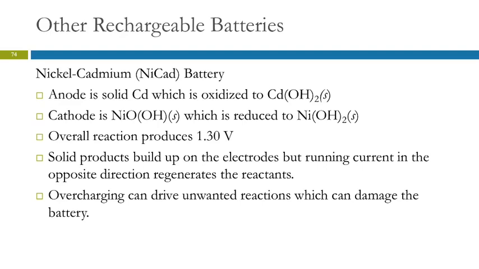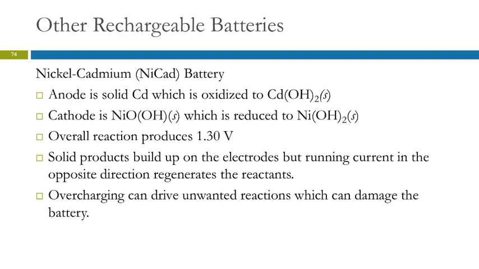There are other sorts of rechargeable batteries, nickel cadmium or NiCad batteries. Obviously those have nickel and cadmium in them. So the anode is solid cadmium that gets oxidized to cadmium hydroxide. The cathode is, I'm not exactly sure how to say the name of that, NiOOH. It's another one of those weird compounds that has two different anions.